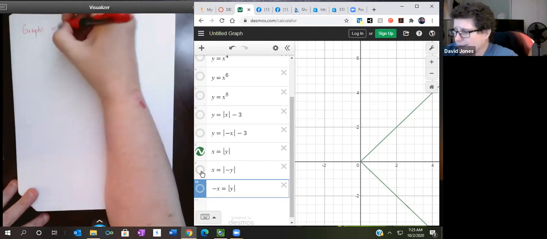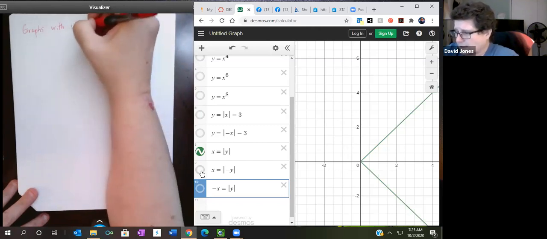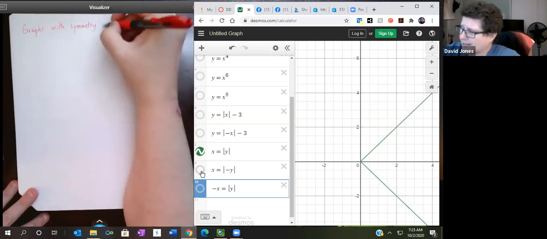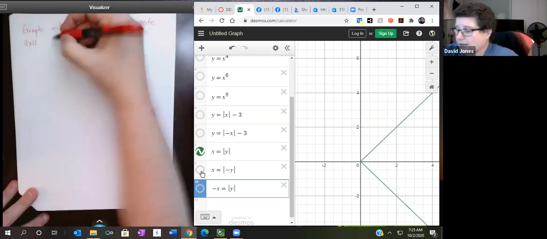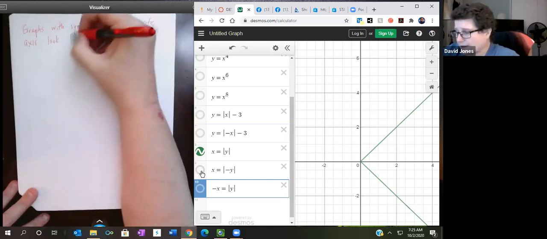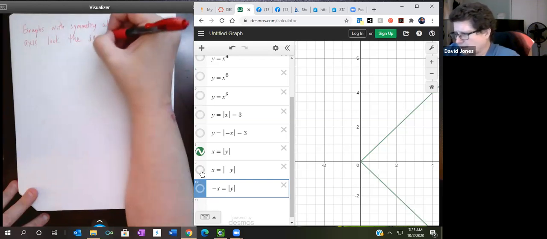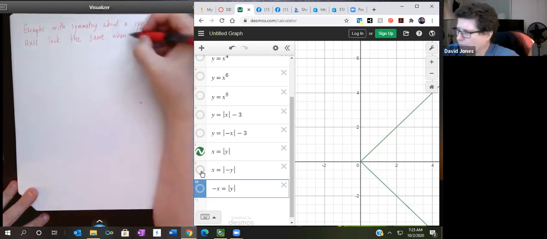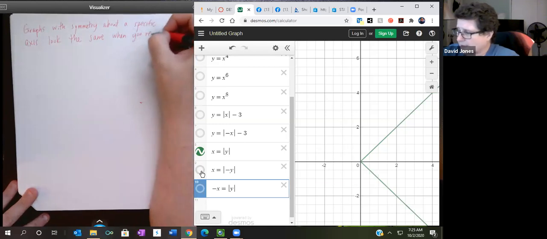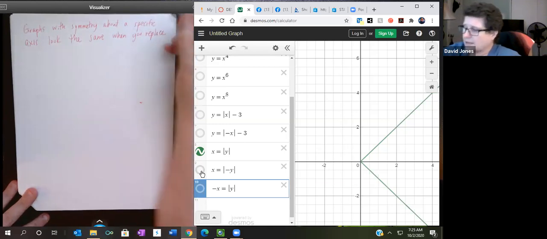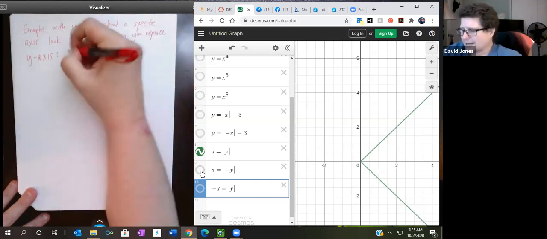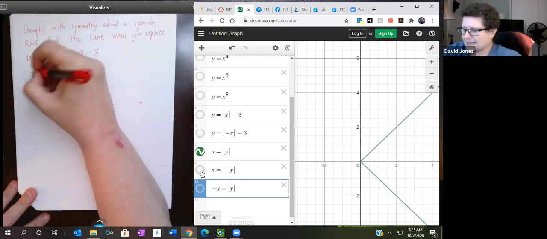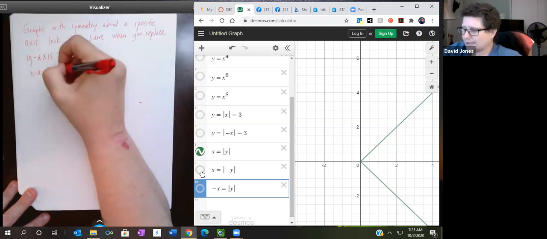Graphs with symmetry about a specific axis look the same when you replace, well, for the y-axis, it was x goes to negative x, and for the x-axis, it was y goes to negative y.